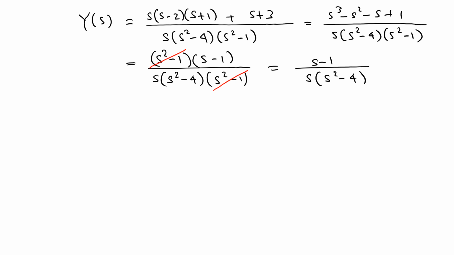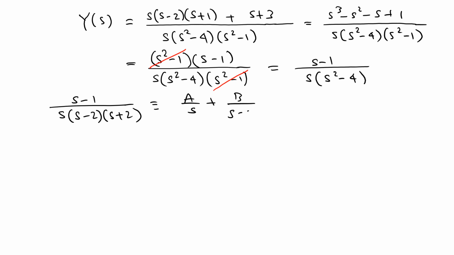So let's try to do that. You can also think of the linear factors if you want. So I will write that. It is (s minus 1) over (s minus 2)(s plus 2), which is A over s plus B over s minus 2 plus C over s plus 2.